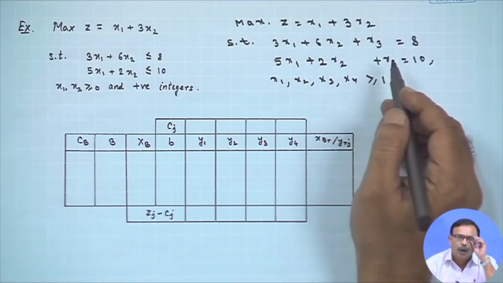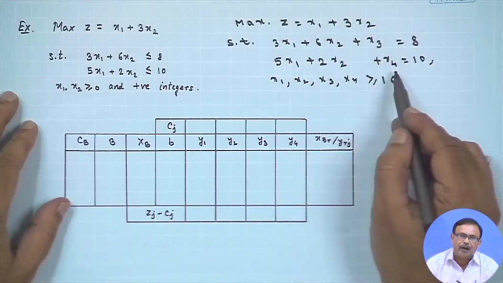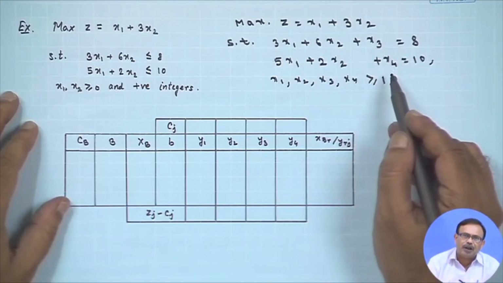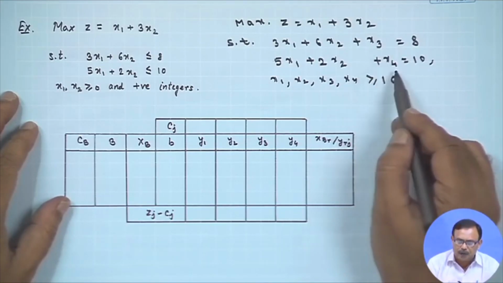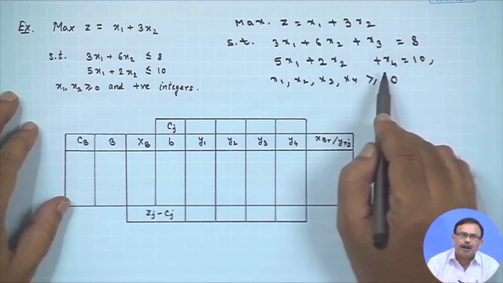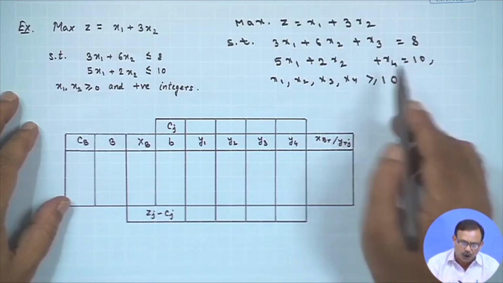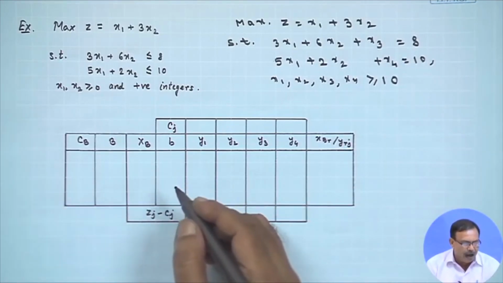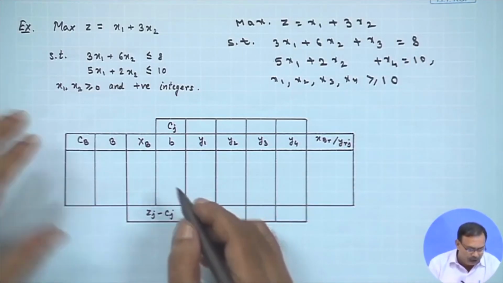So, here your slack variables are x3 and x4. Therefore, in the basis x3 and x4 will go. If I make x1, x2 as 0, then x3 equals 8 and x4 equals 10. So, in the basis your x3 and x4 will come.